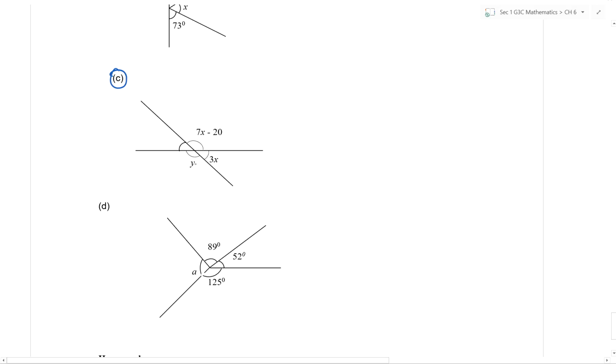So first, I'll be making use of these two pairs of opposite angles. Okay, I would like to call this angle over here angle A. This symbol represents angle. So we say that angle A is equal to 3x. Reason: vertically opposite angles.